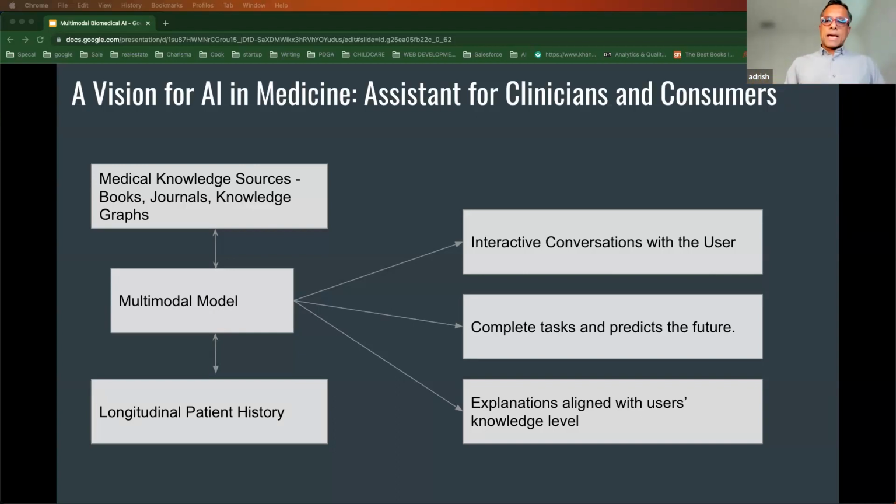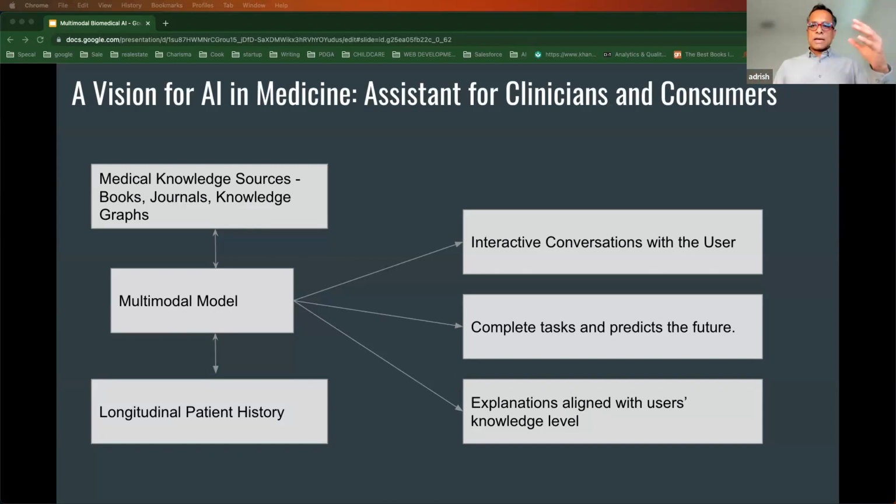Then this agent will also have access to a large set of medical knowledge in books, journals, articles, or knowledge graphs, so that as a clinician or a patient, I don't have to go through hundreds of journals and hundreds of books. This will give me the answer, and it's already proven that LLMs do a significantly good job in reading things, summarizing, and giving the results back. So I think this is the overall vision.